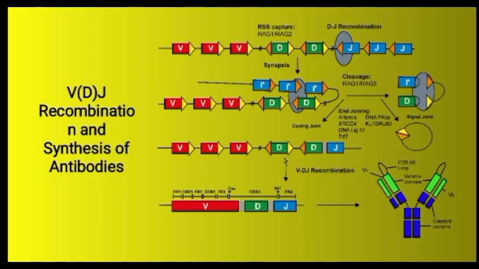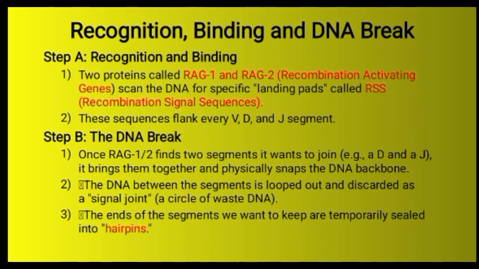They do this using the signal sequences that flank the VDJ segments. So first of all, RAG1 and 2 find the two segments they want to join together, bring them together, and physically snap the DNA backbone. So when the VDJ regions are combined, the remaining aspect of the gene is cut out.